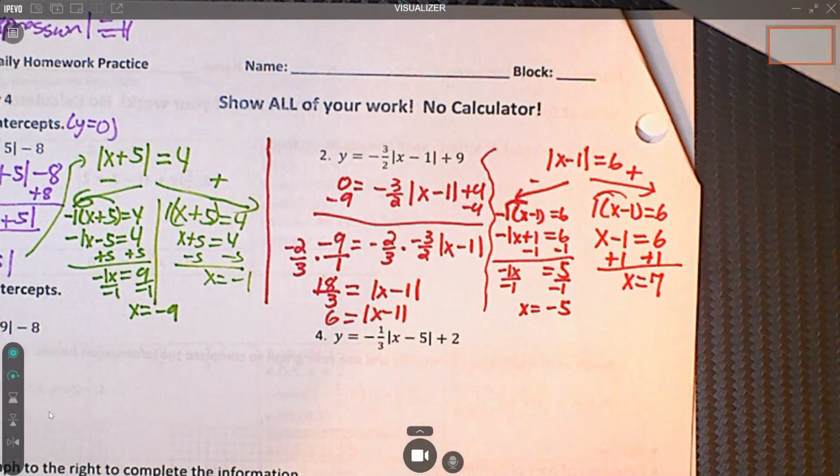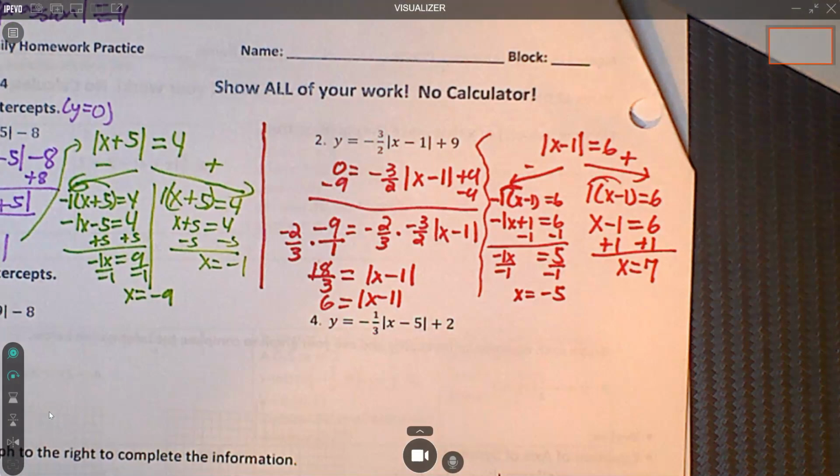Let's see, does that work? -6, 6. Yeah, where's 7? Alright, we got it.